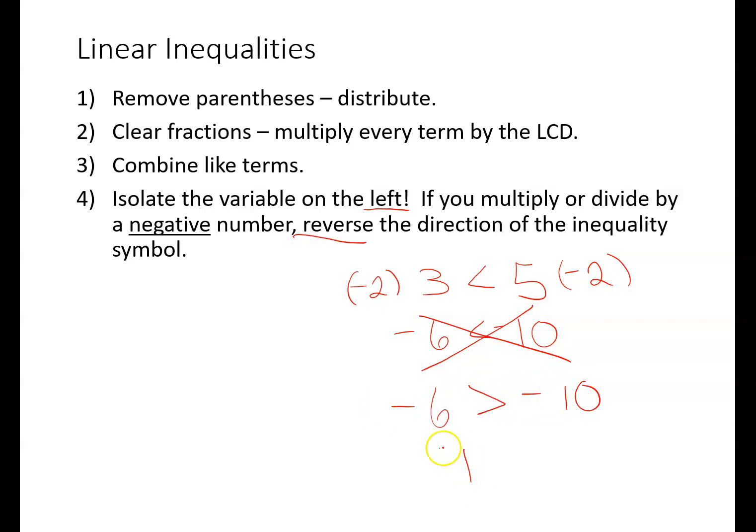And now it's true. So it's only when you divide or multiply, most of the time it'll end up being dividing, but by a negative number. That's when you reverse. If you divide by a positive number, you do not need to change the direction.